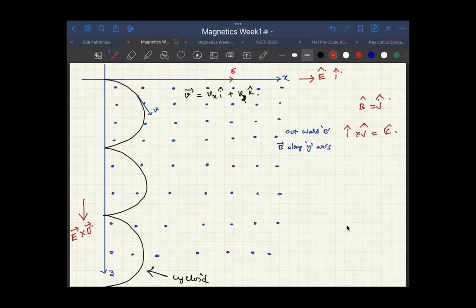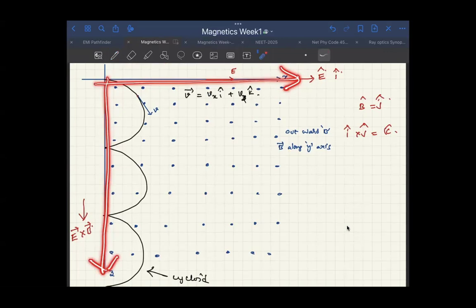So from now on, what you should remember as standard is this. If this is the E bar direction, identify another axis perpendicular to this, which is E bar cross B bar. I am repeating again, please follow carefully.